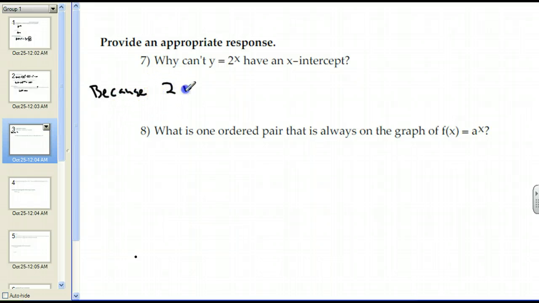Because 2 is positive, and that's the base.